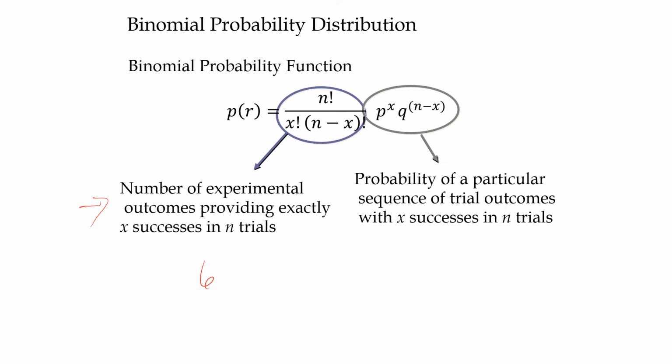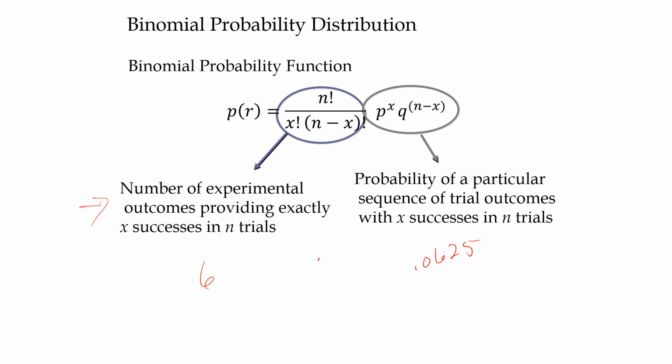On the right side here, that's the probability of any one specific outcome. The probability of a particular sequence of trial outcomes with X successes on N trials. What do I mean by that? Well, that's the probability for each of these individual 6 outcomes to happen. And if you rewind the video a little bit, you'll see that each of those individual outcomes had a 0.0625 chance of occurring.